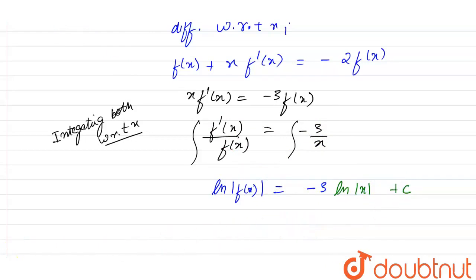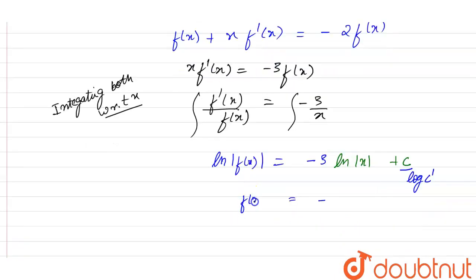We can write this c as log c'. So ln|f(x)| equals log c' minus log x^3. Log a minus log b gives c'/x^3, and the logs cancel.